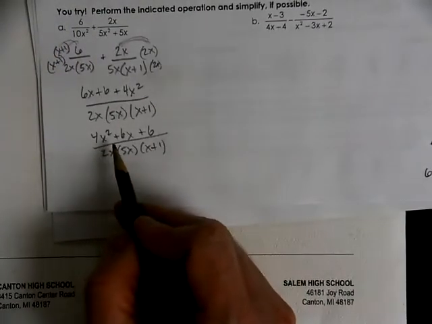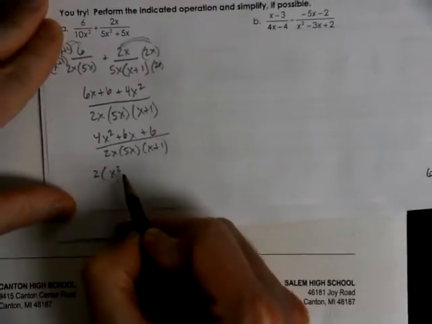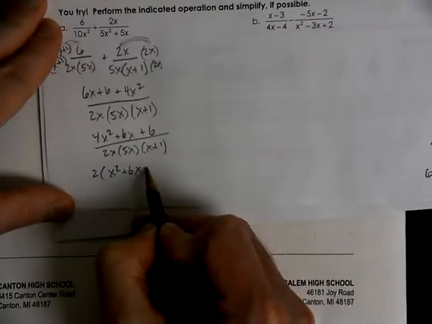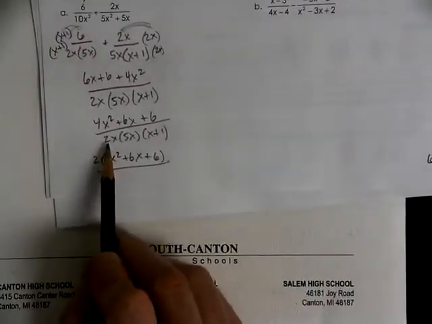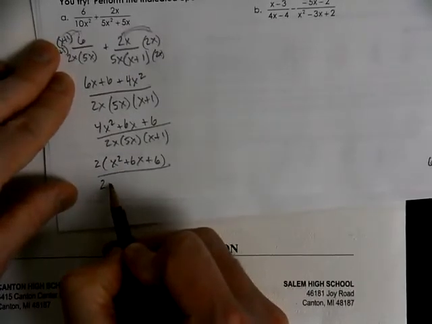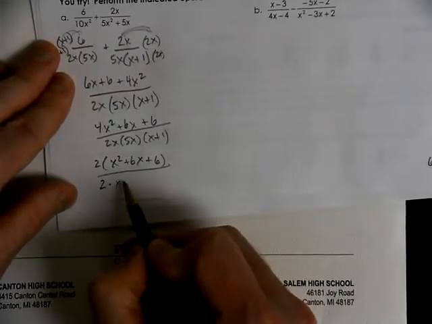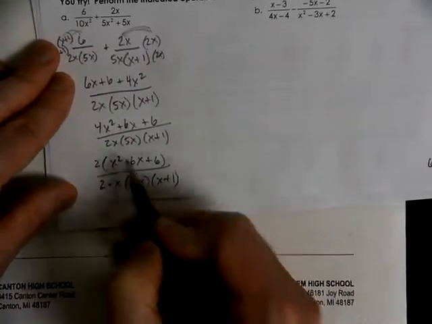It has a GCF. It has a 2 in every one of these terms. And the only time that's beneficial is if there's an additional 2 sitting down here. That's 2 times x times 5x times x plus 1.